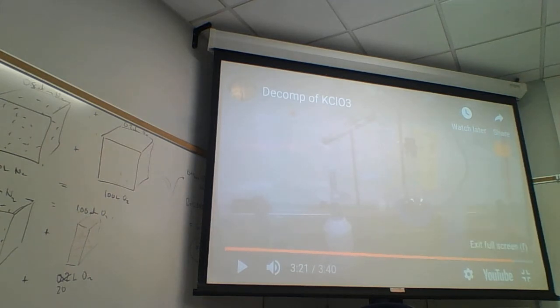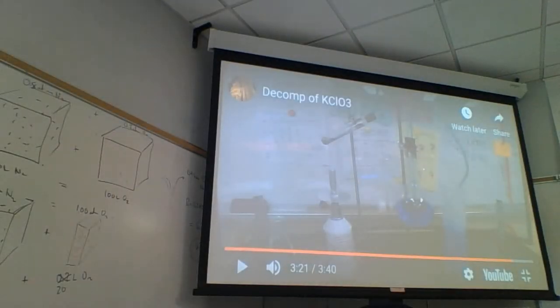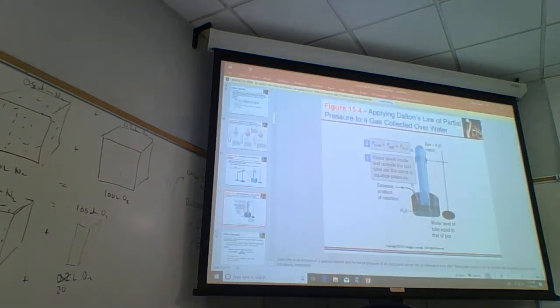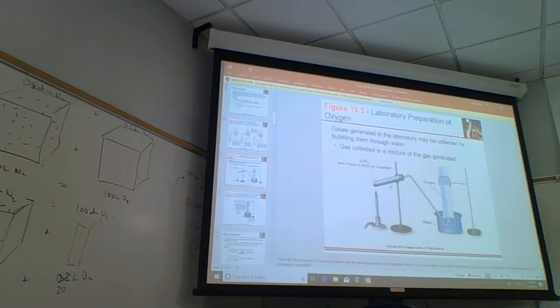But what we collect in this flask is not pure oxygen gas. You know what it is? It's contaminated oxygen gas.